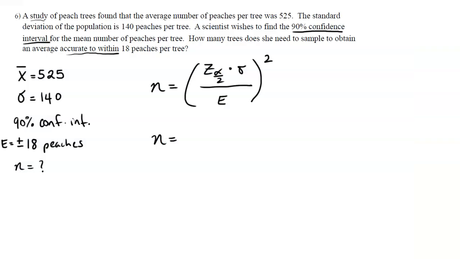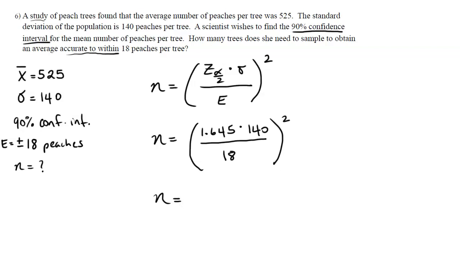So that Z value is 1.645 times sigma, which is 140, divided by the maximum error of the estimate. We need to be within 18 peaches.